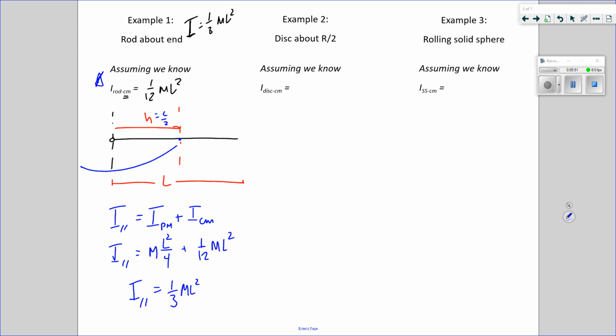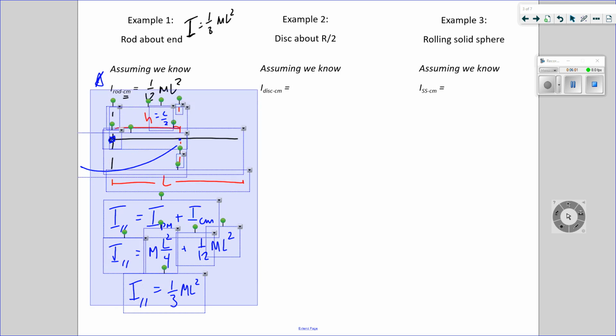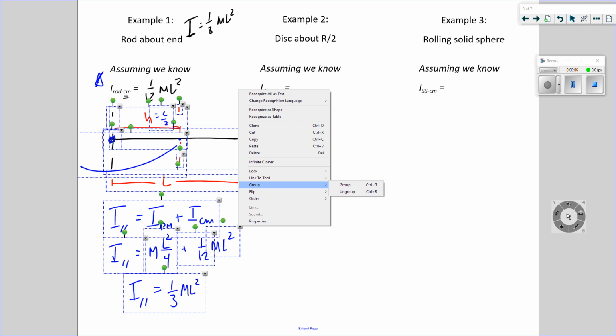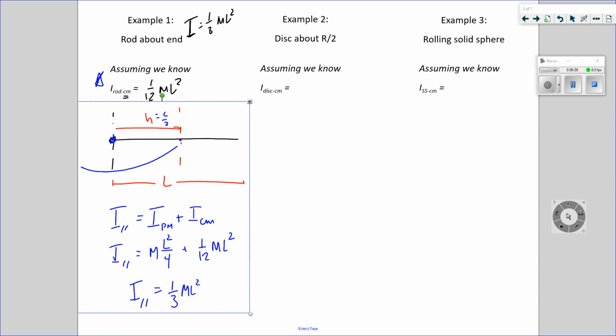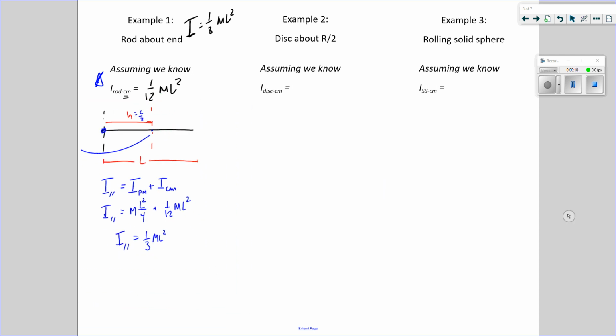We have just, in one way, shown that a rod rotating about its end has that rotational inertia. Now, we already sort of knew that, but only because someone told us, right? We see it in a table of rotational inertias to know. Okay, what about a disk about a location?